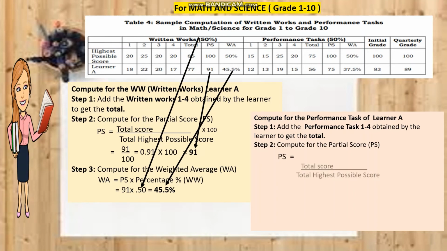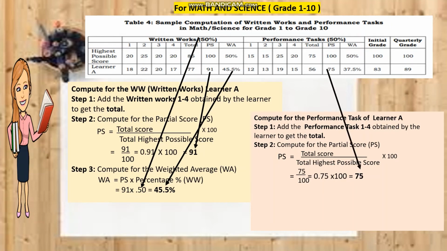Partial score is equal to total score divided by total highest possible score multiplied by 100, equals 75 over 100, is equal to 0.75 times 100, is equal to 75. Partial score for the performance task.